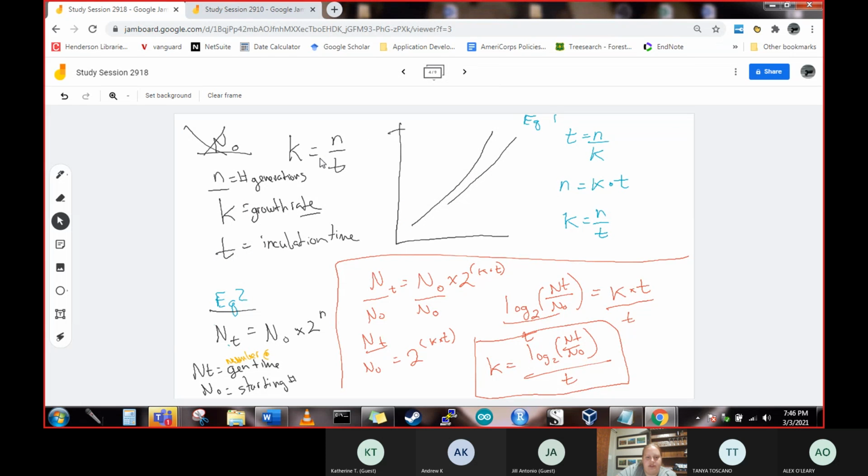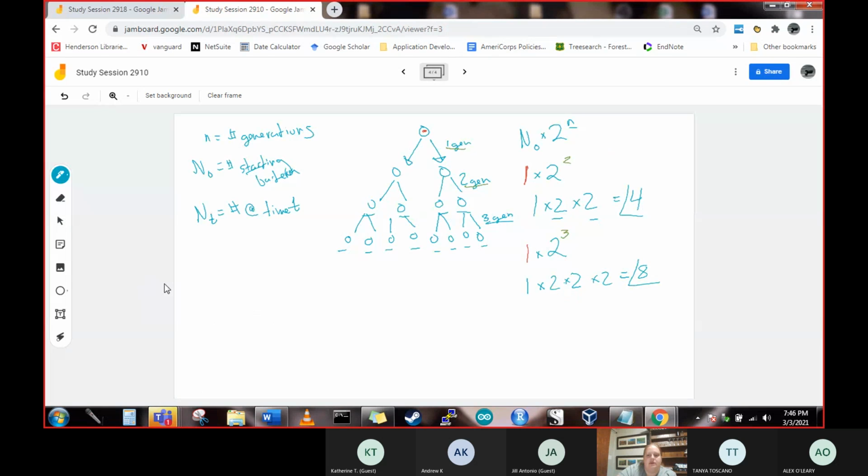Okay, so we have K equals N over T, and we have Nt equals N0 times 2 to the n, our 2 equations. So we just actually did one of those equations. This is the equation that we just talked about, Nt equals N0 times 2 to the n, and that's equation 1.